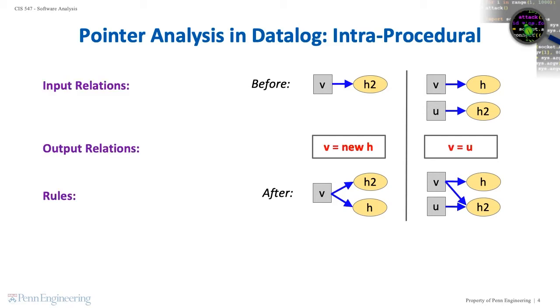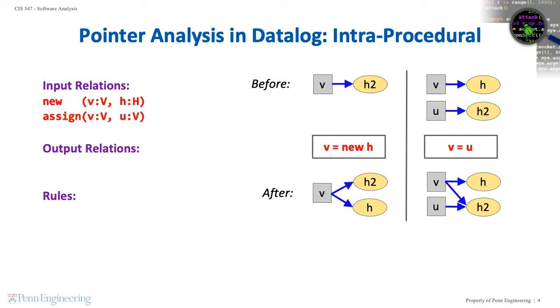The input relations to the pointer analysis correspond to object allocation and copy assignment statements. The first one is new(v, h), meaning that the object allocation statement v is assigned new h appears in the program being analyzed.